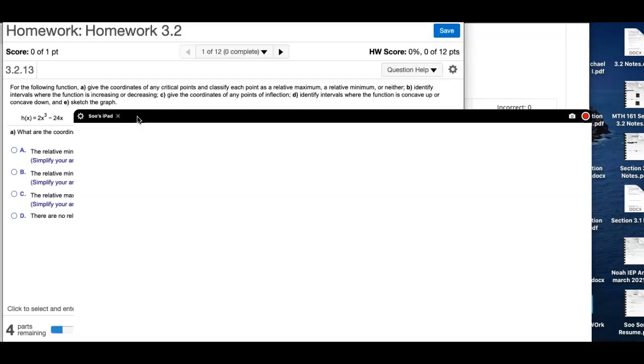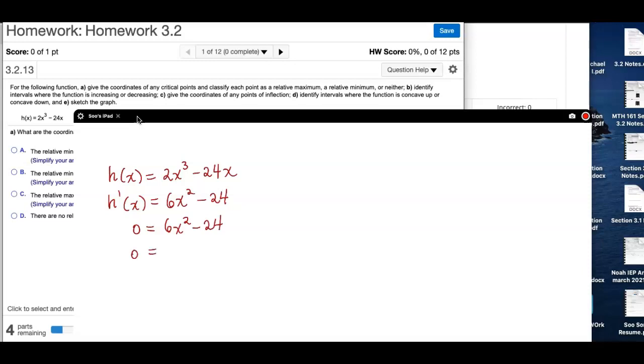So when h of x is 2x cubed minus 24x, then the first derivative, h prime of x, is 6x squared minus 24. Critical values happen when the derivative is equal to 0. So I set this equal to 0, and then I'll solve for x.